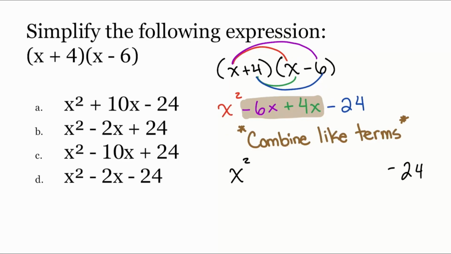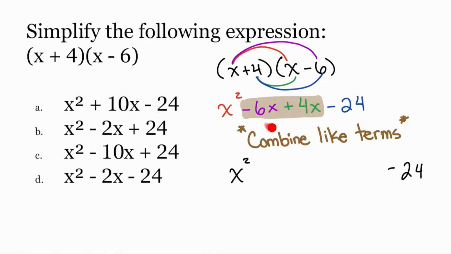Now we're just going to be focused on negative 6x plus 4x. And remember, if you have a negative plus a positive, you can just do the opposite. Just do 6 minus 4, but keep the answer negative. Remember, 6 minus 4 is 2.